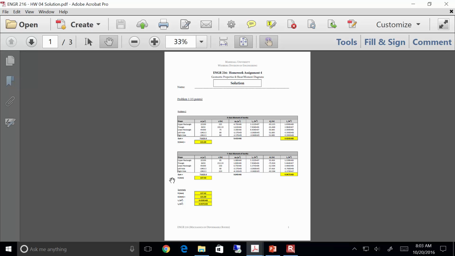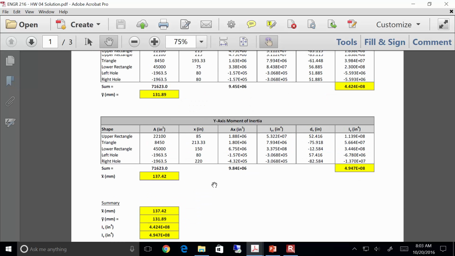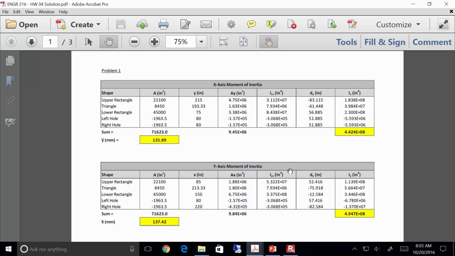Okay. I'm not going to spend a significant amount of time going through this solution because I got to believe this is pretty standard. I mean, you all did fairly well on this assignment, but what I did for problem 1 is I broke this up into the upper rectangle, the triangle, the lower rectangle, and then the left and right hole. And what I did is a table for the x-axis moment of inertia, and then a separate table for the y-axis.